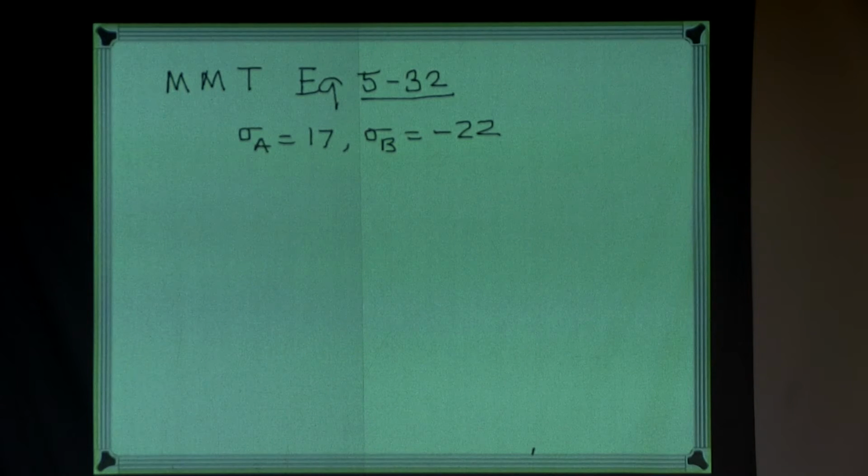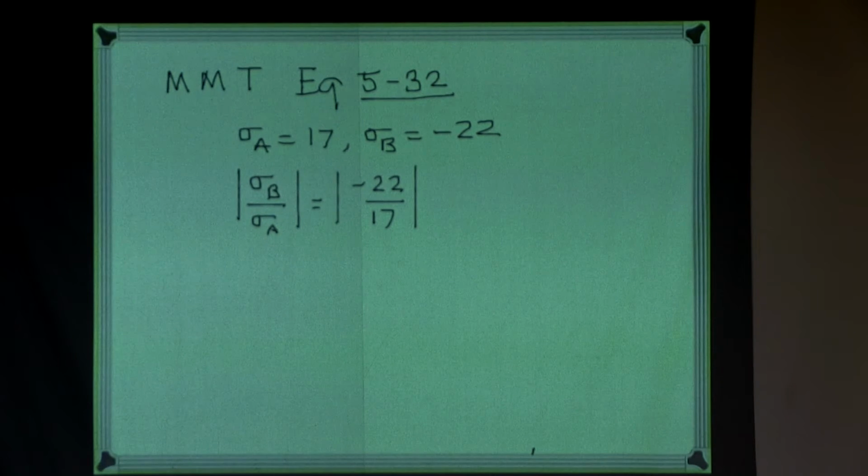The other thing they ask you to do is look at this ratio. The absolute ratio of sigma b over sigma a. So it's negative 22 divided by 17, and you don't have to solve this, just is it more than 1 or less than 1?